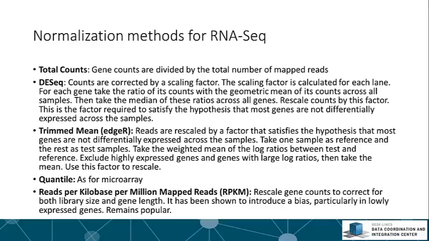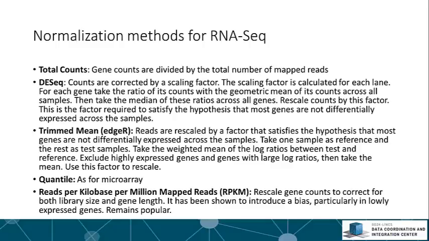Quantile normalization is applied sometimes in RNA-seq in exactly the same way that it's applied in microarrays. And finally, a very commonly occurring normalization scheme is the reads per kilobase per million mapped reads scheme.